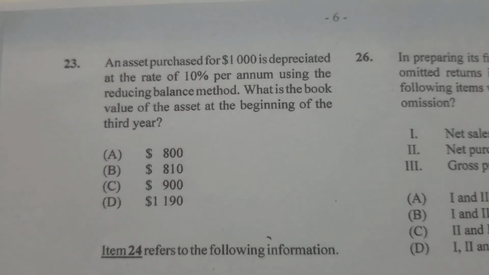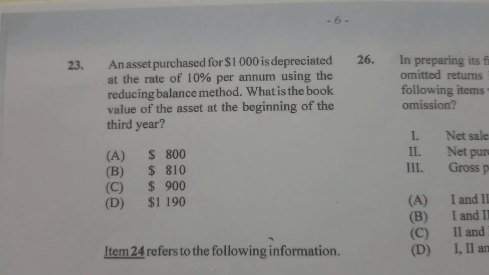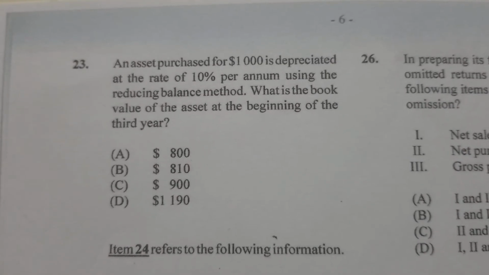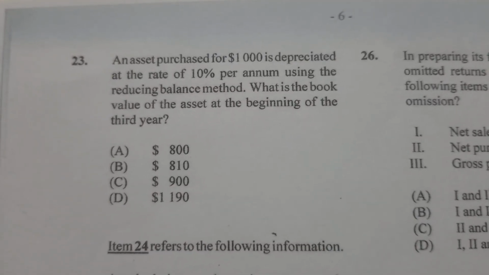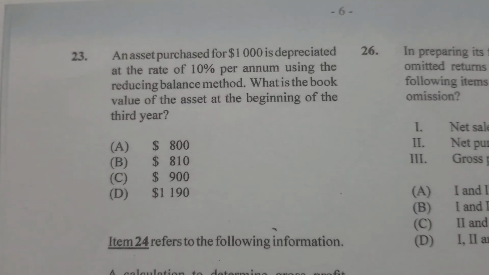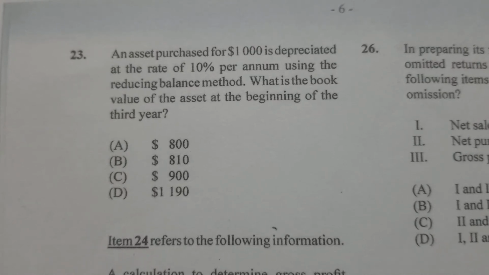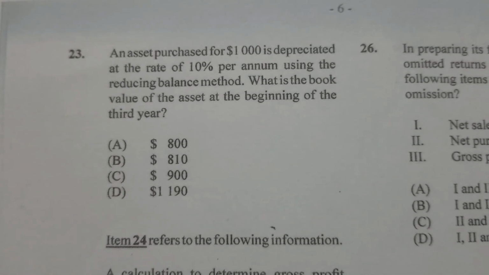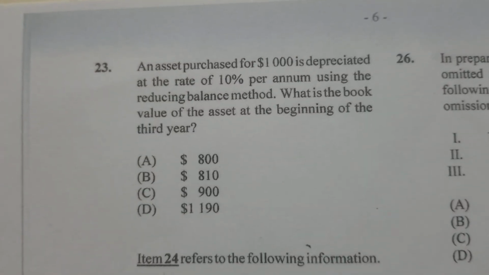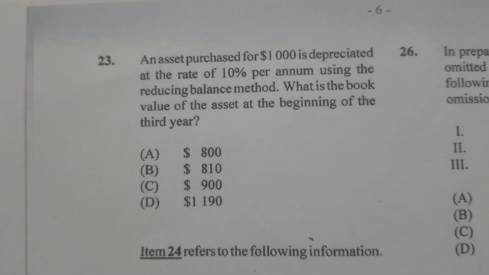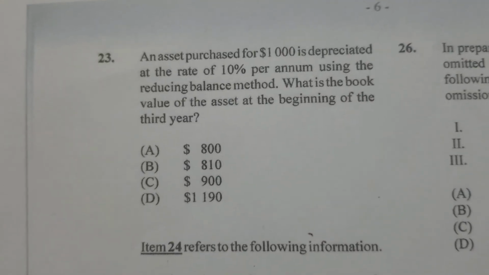All right, so we're at 23. An asset purchased for $1,000 is depreciated at a rate of 10% per annum using the reducing balance method. What is the book value of the asset at the beginning of the third year? The answer would be B, $810. How do we get that?